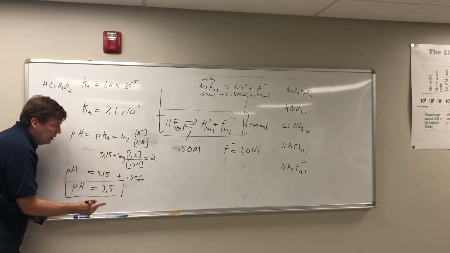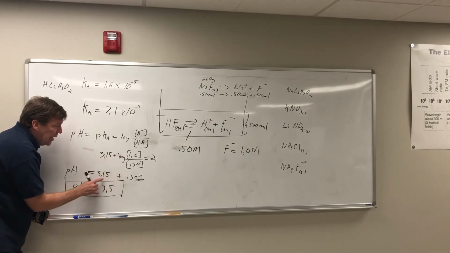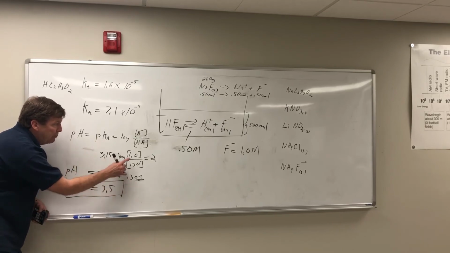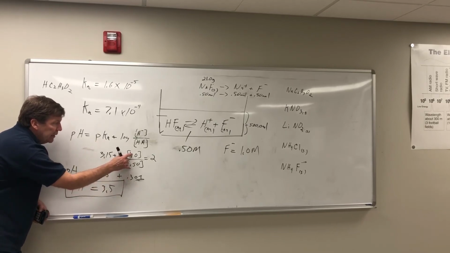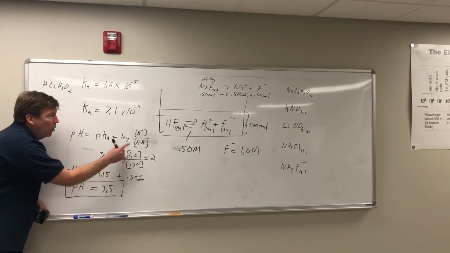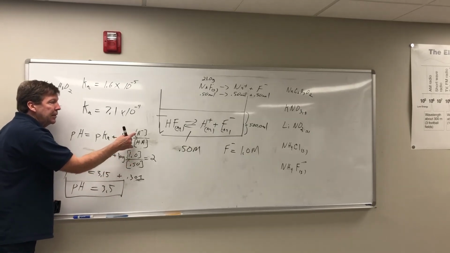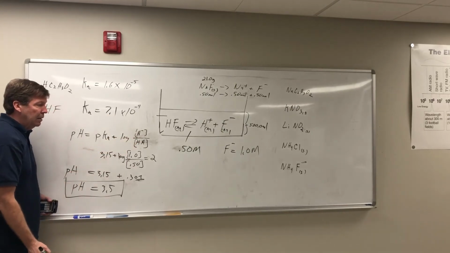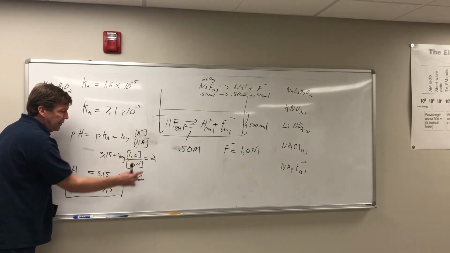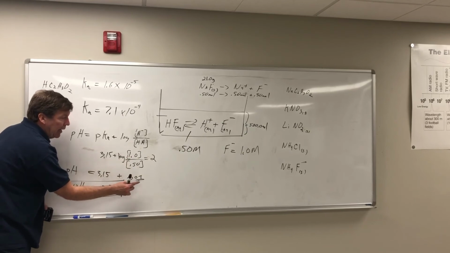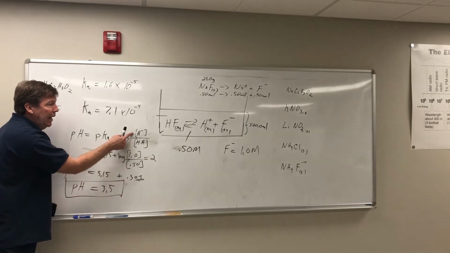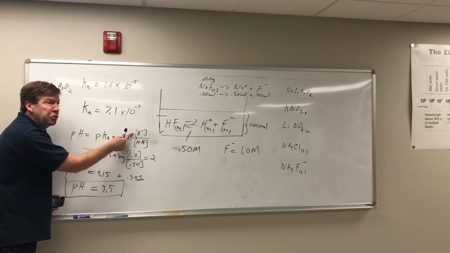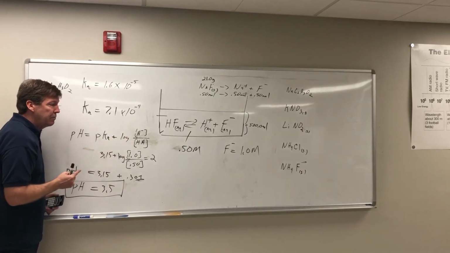So does it make sense that the pH value is going up when that amount is greater than 1? Of course it does, because you've got the conjugate base in the numerator and the weak acid in the denominator. If this goes to 3, 4, 5, 6, that's going higher and higher, because conjugate base is increasing. So when conjugate base increases, you should get a higher and higher pH.